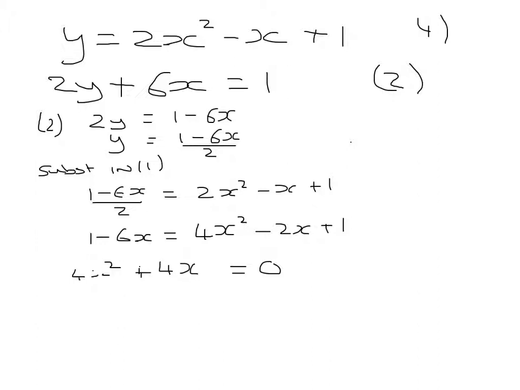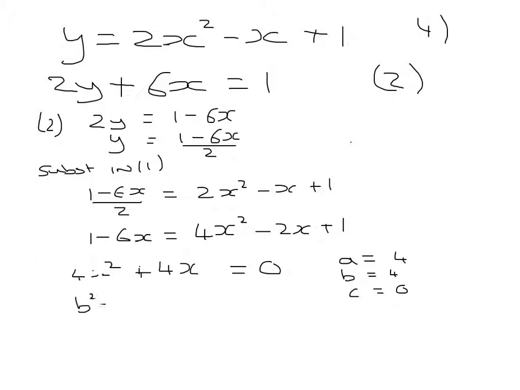Now to find out how many points of intersection there are, we need to substitute it into b squared minus 4ac. So in this case, a is 4, b is 4, and c is 0.